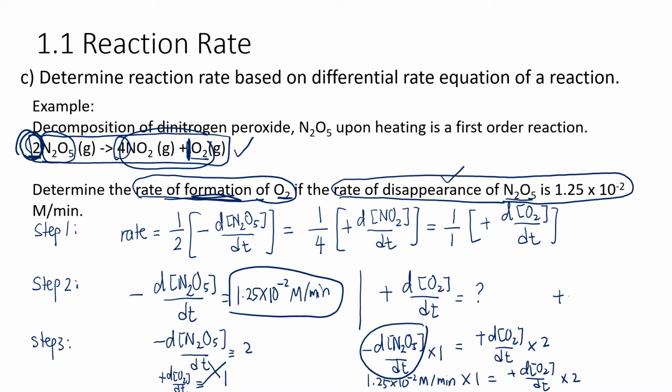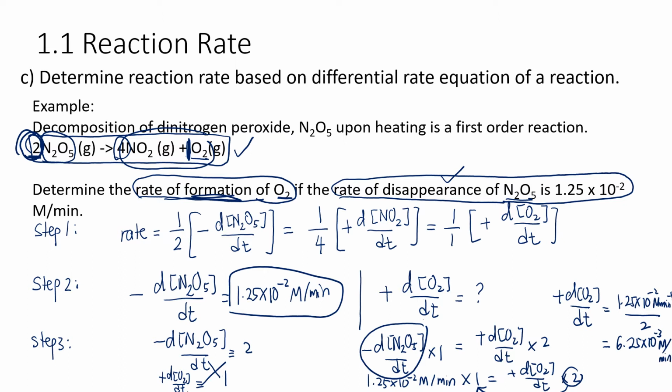Therefore, to find the rate of formations of oxygen, it is equal to 1.25 times 10 to the power of negative 2 molar per minute divided by 2. We just bring the 2 over, so it becomes divide. Okay, and that should give us the answer equal to 6.25 times 10 to the power of negative 3 molar per minute.